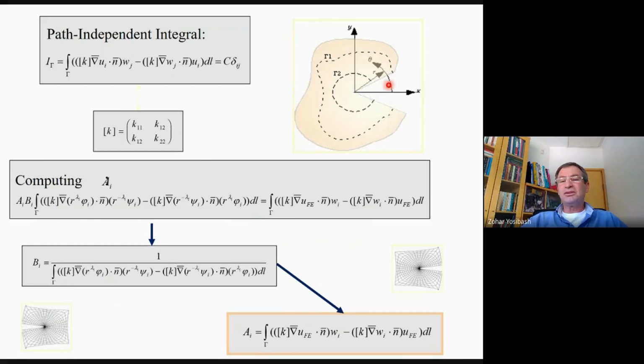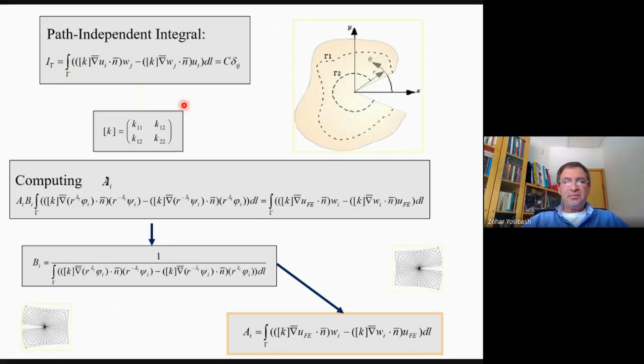Therefore, it is important to use an integral where we can go away from this singular point. By having such a path-independent integral, I can go away from the singular point, and this integral would provide me the same value as if I would go very close to that point.